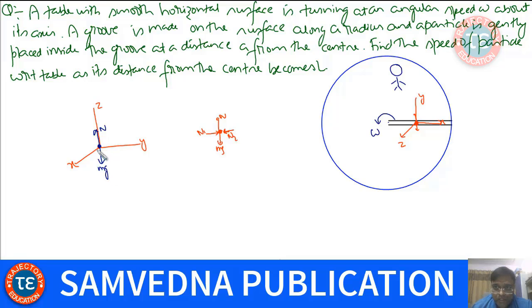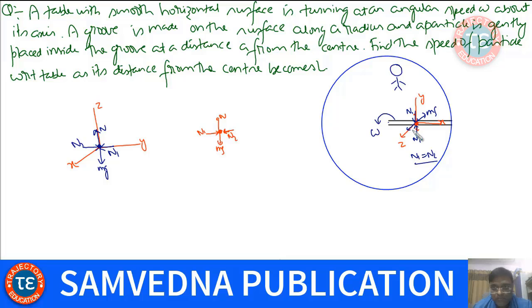You have n1 and n2, the forces from the left and right wall of the groove, and they will balance each other. n1 and n2 will be equal, and n in positive z and mg in negative z will also balance because there is no motion in the z direction.